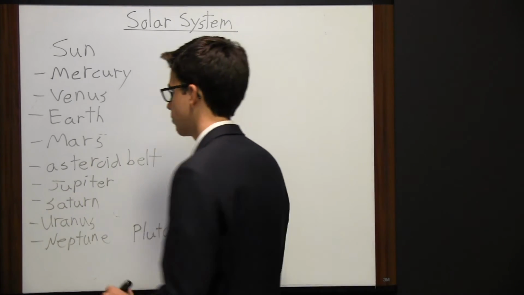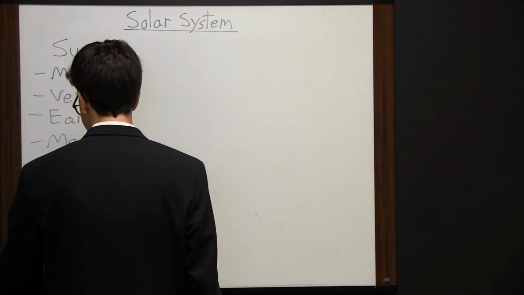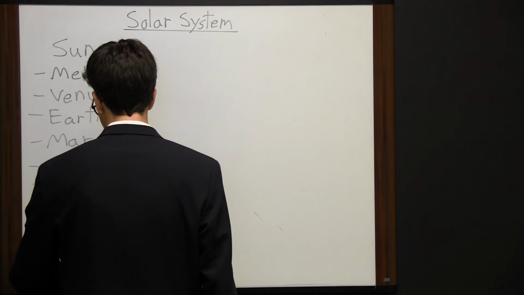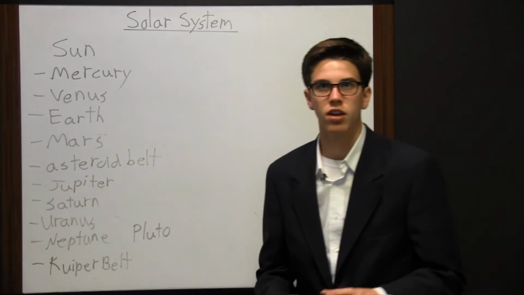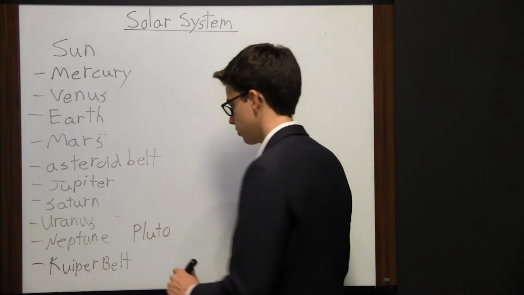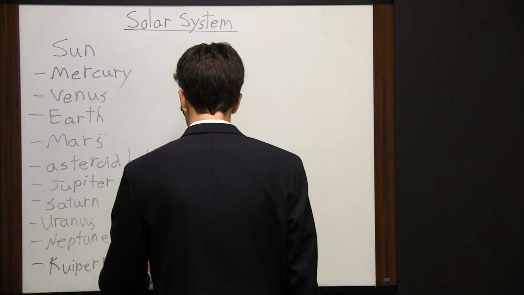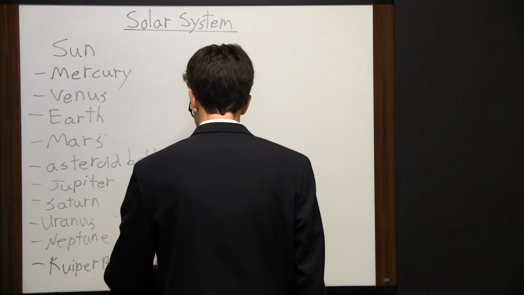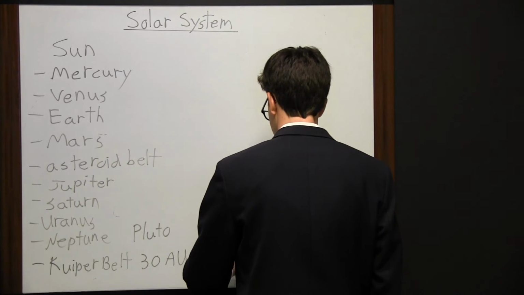So then after Neptune, we have the Kuiper belt. And so this Kuiper belt extends from about 30 astronomical units from Neptune to about 50 astronomical units.